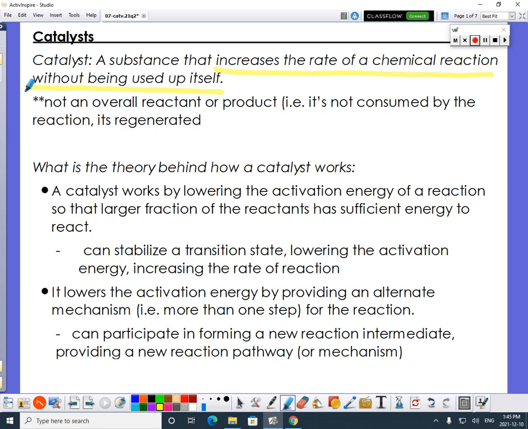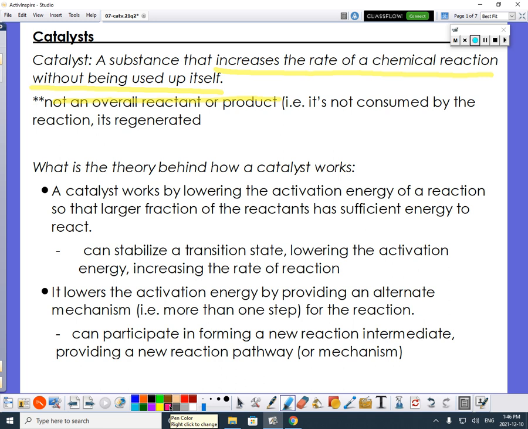And why is it important that it is not used up? That makes it not an overall reactant or product. Okay? Economically, we use catalysts all the time.